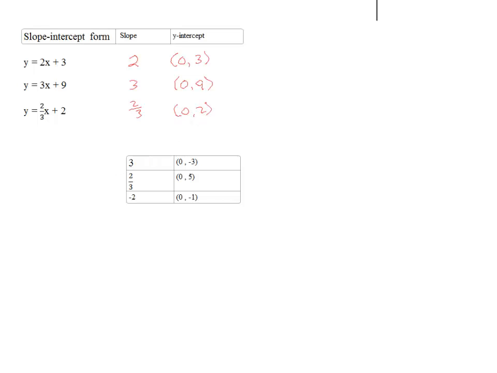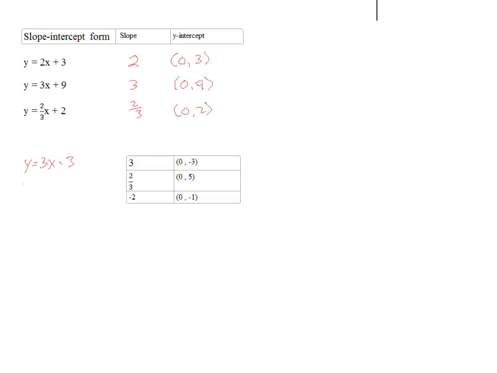And now in these, they give us the slope and the y-intercept, and we have to write the equation. So the slope intercept form for the first one would be y equals, and our slope is 3, so that goes in front of our variable x, and our y-intercept this time is a negative 3, so we would write minus 3.